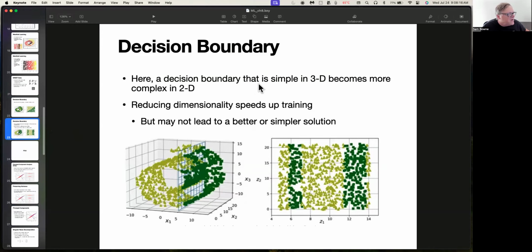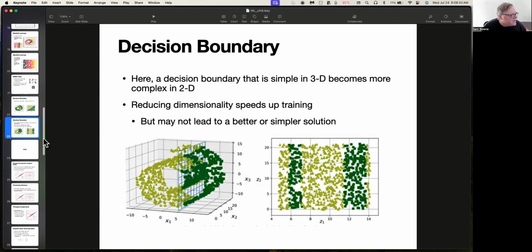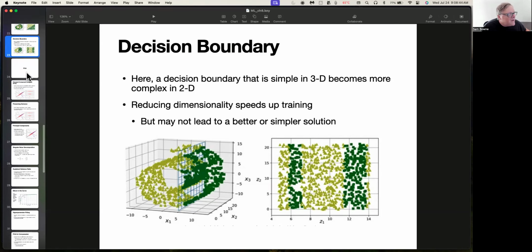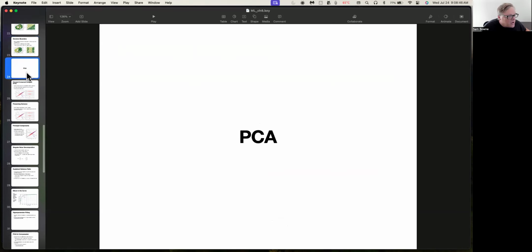Here's a decision boundary that's simple in 3D, where I just have a vertical plane, so all the dots on one side are dark and all the dots on the other side are light, but when you flatten it out, that becomes a more complicated decision boundary because you cut these pieces up. So that's an issue. Reducing dimensionality certainly makes the mathematics easier, but it may not lead to a simpler or better solution. So you have to consider how to reduce dimensionality and still preserve the important information.